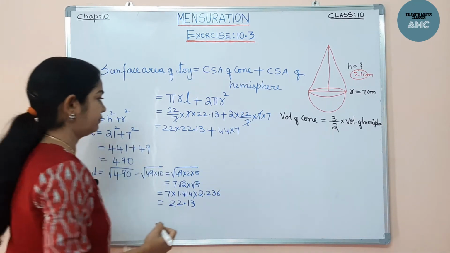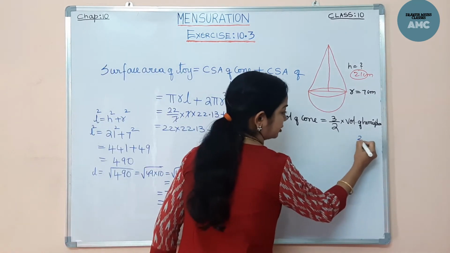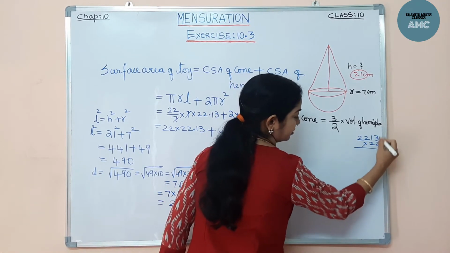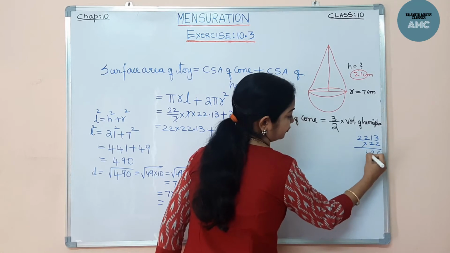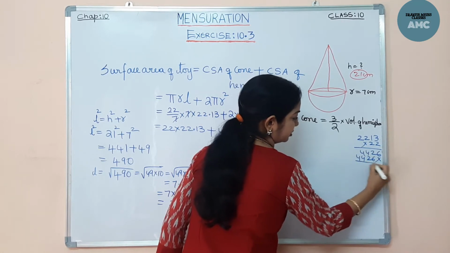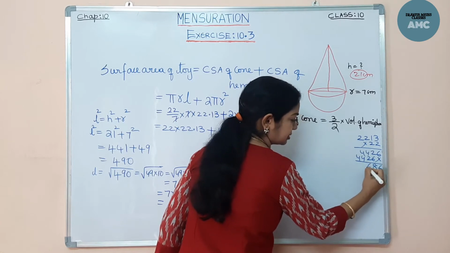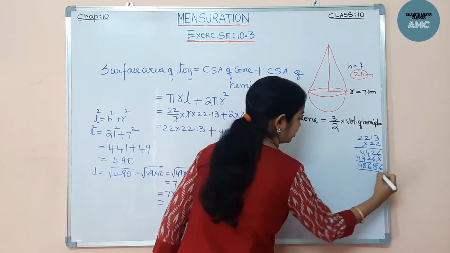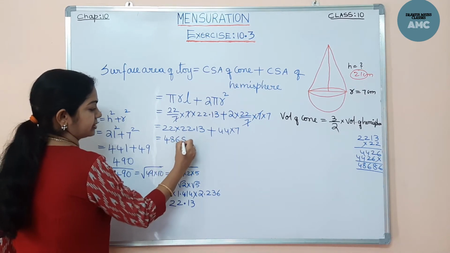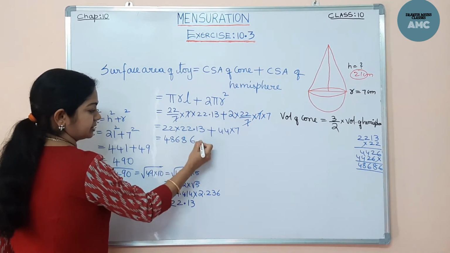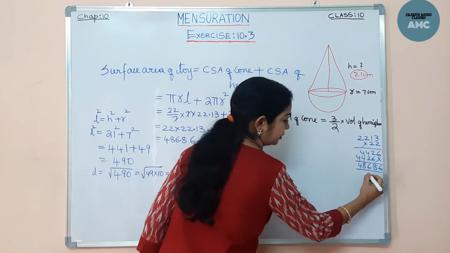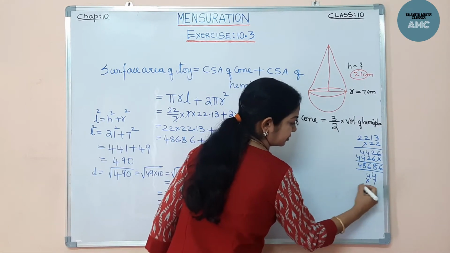Right. Now we will do this calculation part. 2213 into 22. Here 6, 2, 4 and 4. The same thing, 6, 2, 4 and 4. 6, 8, 6, 8, 4. So this part we got as 48686. So after 2 decimals from the back. Okay. Here plus 44 into 7.